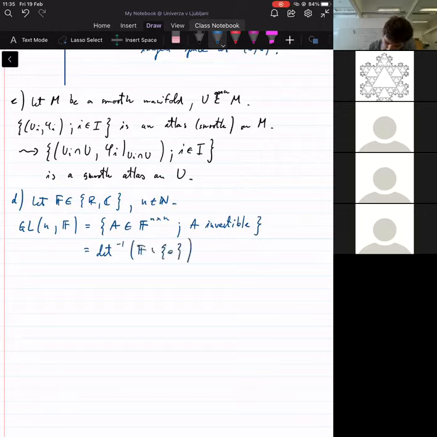Okay, so the determinant goes from the set of all n times n real or complex matrices to F, right? And this is not only a continuous map, it's a polynomial, hence it is an analytic map. Hence, I'm just going to say continuous.